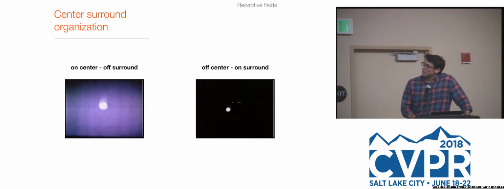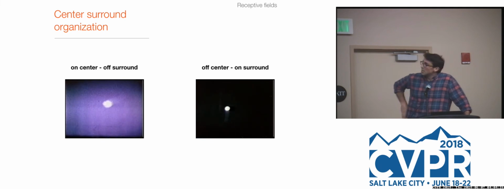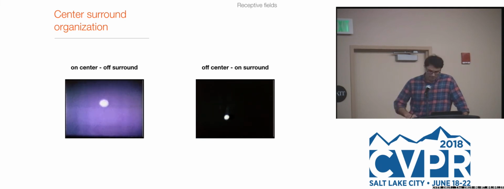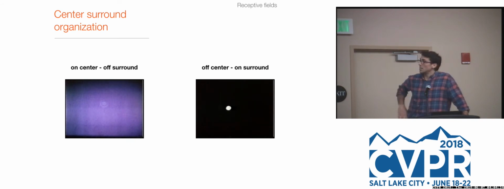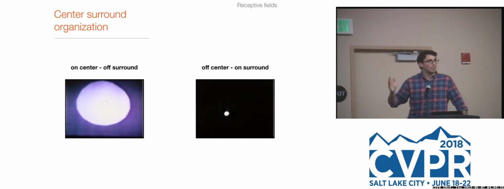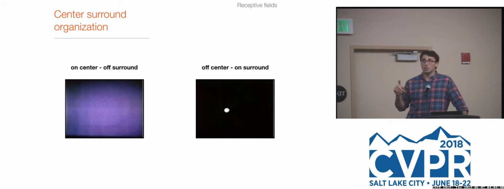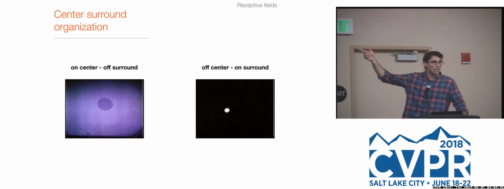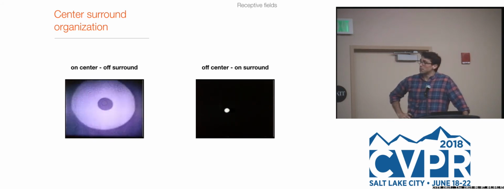And to give you an idea of how this is typically done, this is work from Hubel and Wiesel. Can you hear that? Yes, okay, good. They're trying to map out receptive fields for 2 different neurons, one that's on-center, off-surround, one that has the opposite response properties.